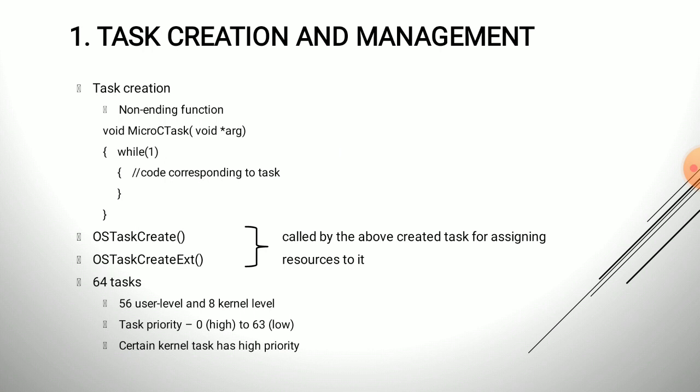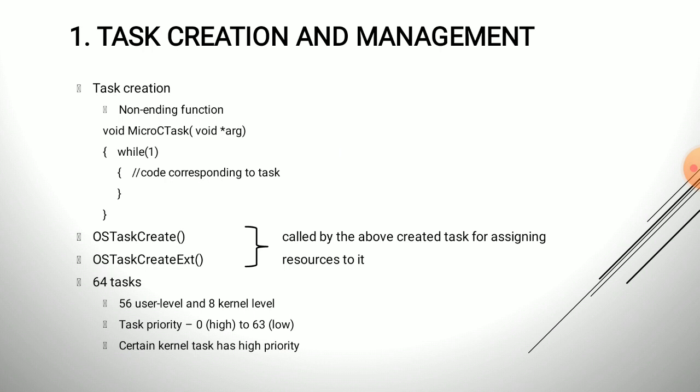Now you need to pass this task to the micro C kernel to make it ready for execution. Now it's in the dormant state. It should be brought to the ready state. This is essential for assigning resources to the task micro C task.